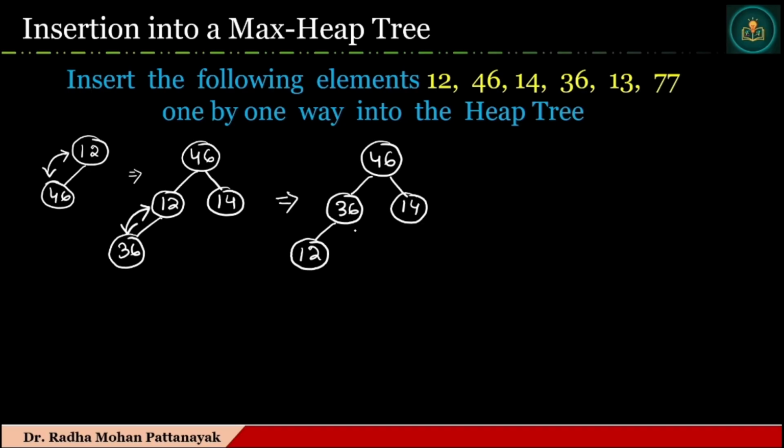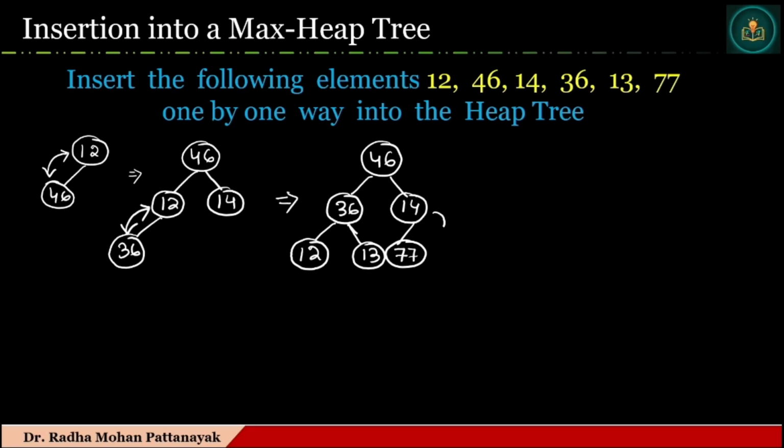Now we will insert 13. As per the rule, 13 will be inserted as the right child of 36. Clear? And 13 is less than 36. That's why there is no problem. Now we will insert 77. 77 is the left child of 14. And after insertion of 77, we find that the value of 77 is more than its parent node, that is 14. So what will we do here?